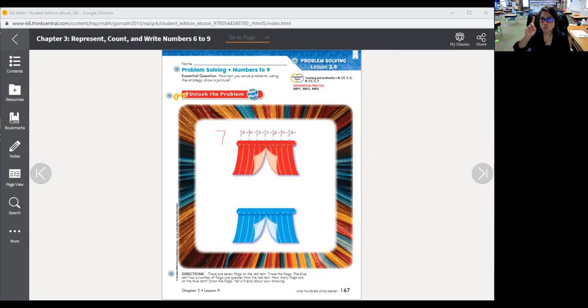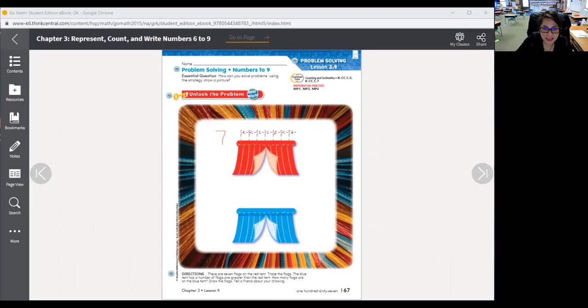How can we draw 1 greater to show that there is 1 greater than the red tent? Emilio, will you turn on your microphone, please? 8. 8, right? Because you have, how many flags do you have up here? 7. 7. And 1 greater, it means that we need to add 1 more, right? To make it bigger, to make it greater, right? Okay, so we're going to do that.